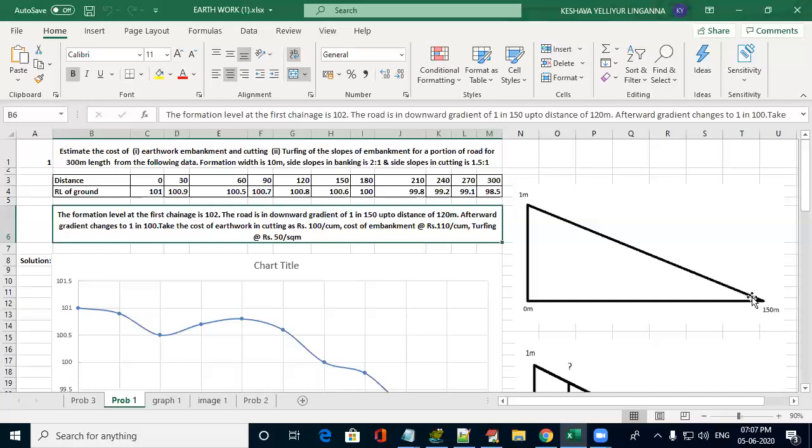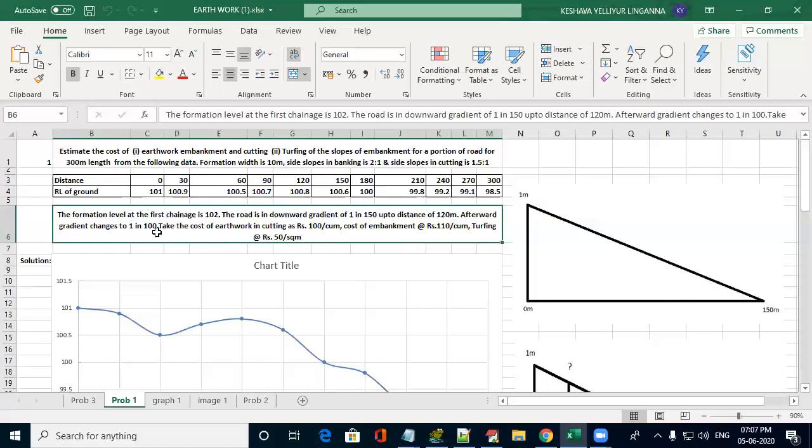There is a drop of 1 meter. After a distance of traveling 150 meter, there is a drop of 1 meter. This slope remains same up to 120 meter. After 120 meter, the gradient changes to 1 in 100. That means if at the first point, if it is 1 meter, after traveling a distance of 100 meter, there is a drop of 1 meter, like that.